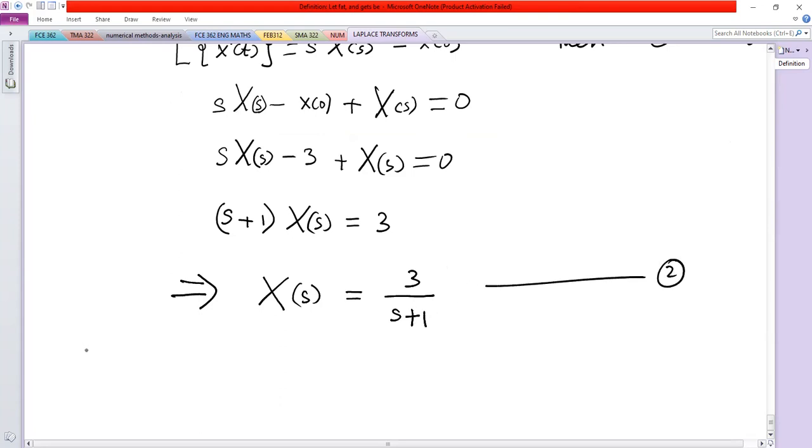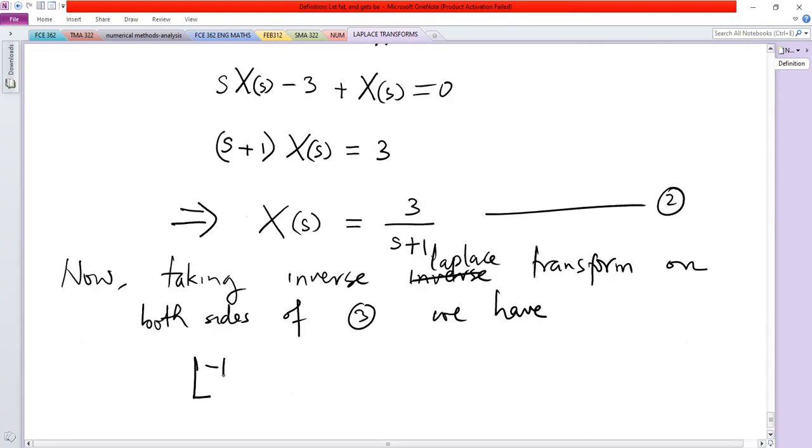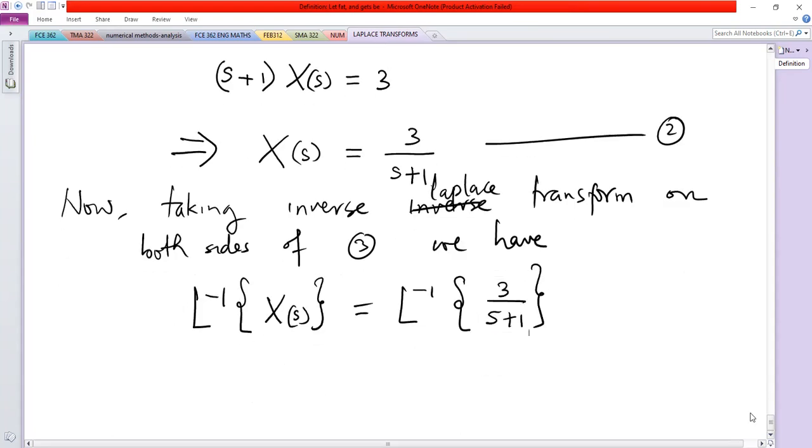So if I call this equation 2, now taking the inverse Laplace transform on both sides of 2, we have the inverse Laplace transform of X(s) will be the inverse Laplace transform of 3 over (s plus 1), which is the same as saying the inverse Laplace gives us x(t).